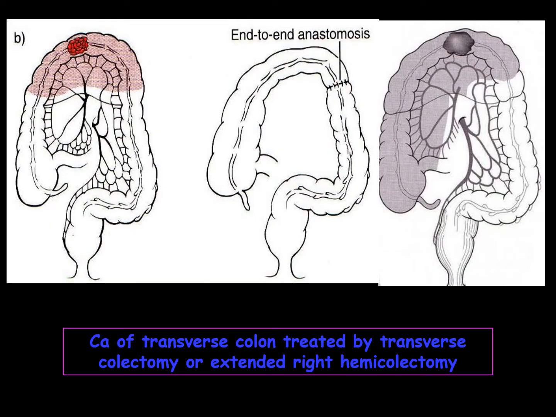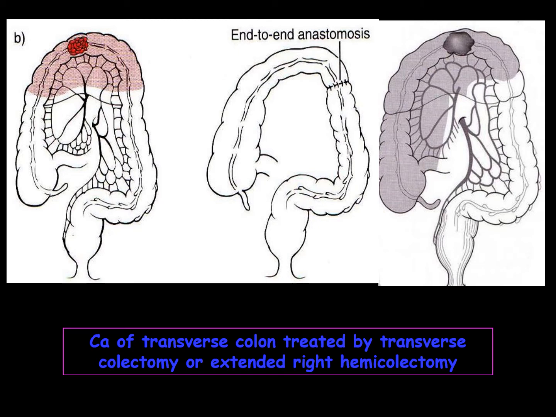Carcinoma of the transverse colon: we have to resect the hepatic flexure, splenic flexure, transverse colon, the upper 1/3 of the ascending colon and the upper 1/3 of the descending colon, and make an end-to-end anastomosis.